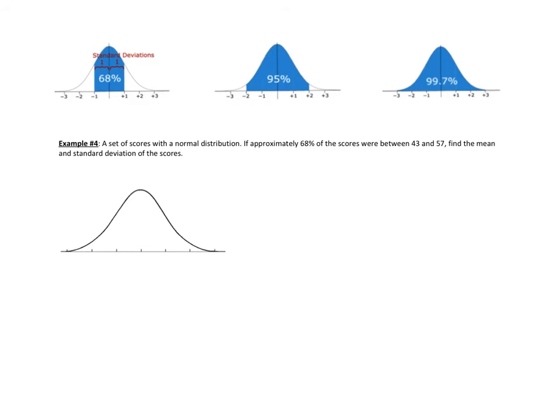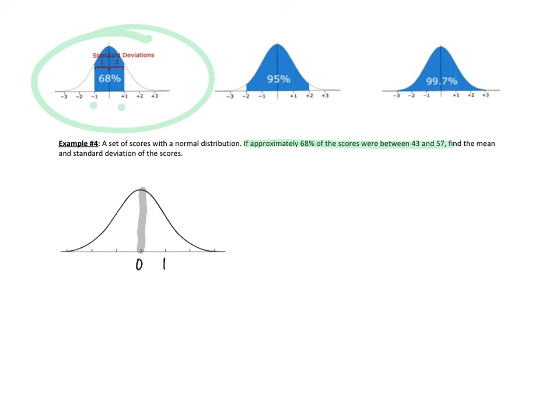Okay, so it says that a set of scores with a normal distribution, if approximately 68% of the scores fall between 43 and 57, find the mean and standard deviation. So again, the key word here is 68% of the scores. So you want to focus your attention on this one. 68% of the scores are between 1 and -1. So when we set up our picture, right, the mean is always in the middle.